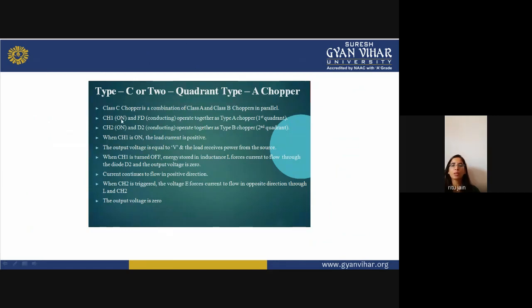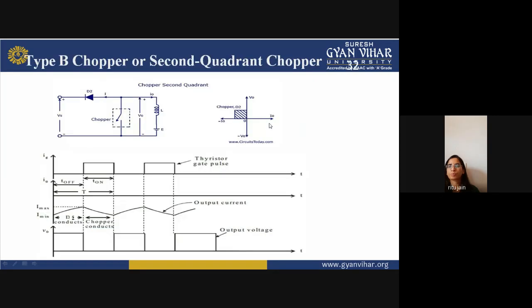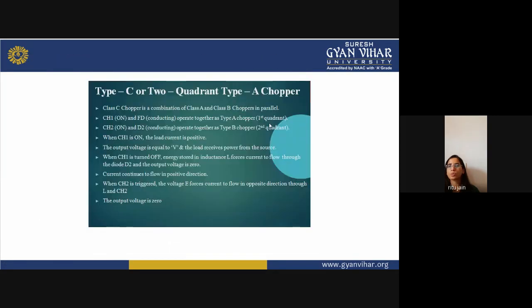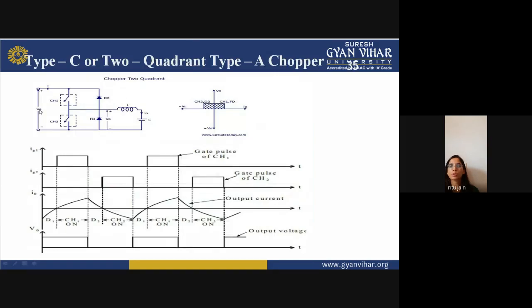When CH1 is turned on and the freewheeling diode conducts, they operate together as a type A chopper, that is your first quadrant chopper. So when CH1 is on and the freewheeling diode both conduct in the first quadrant, this is your type A chopper.